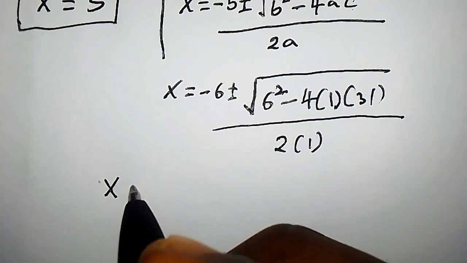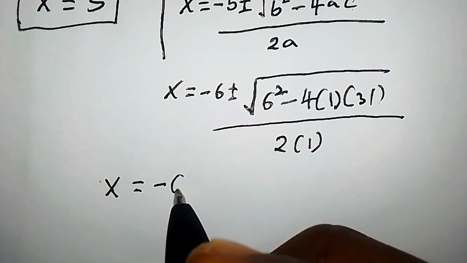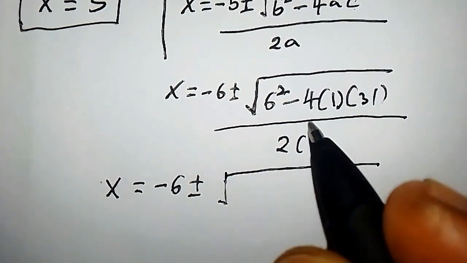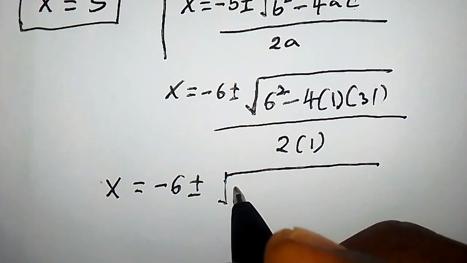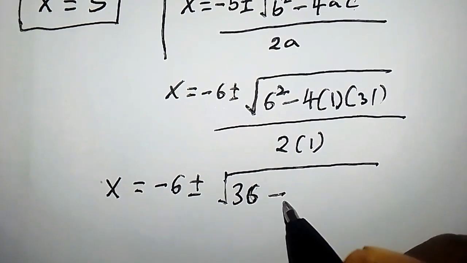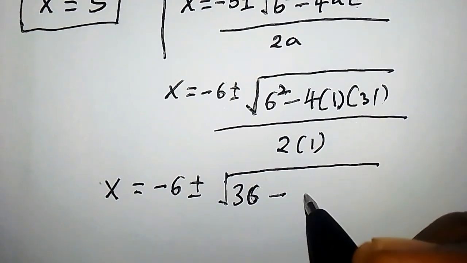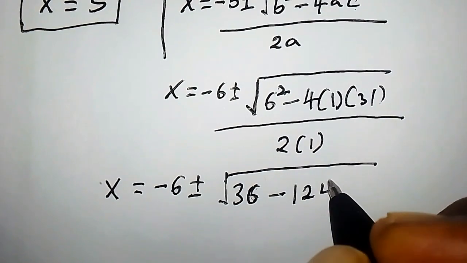So x equal to minus 6 plus or minus square root of, what is 6 squared? 6 times 6, 36, minus 4 times 1, 4, 4 times 31, that is 124.